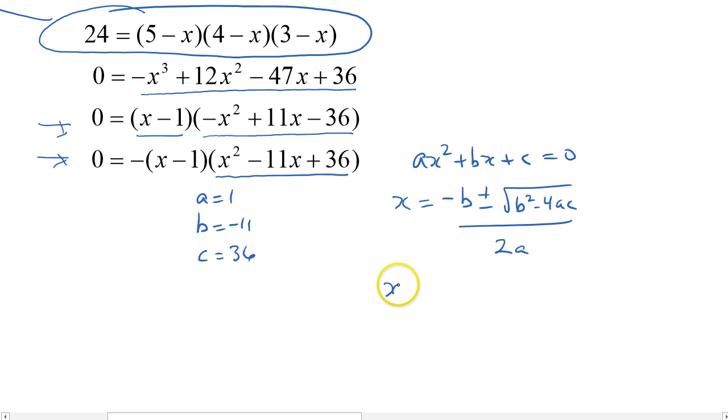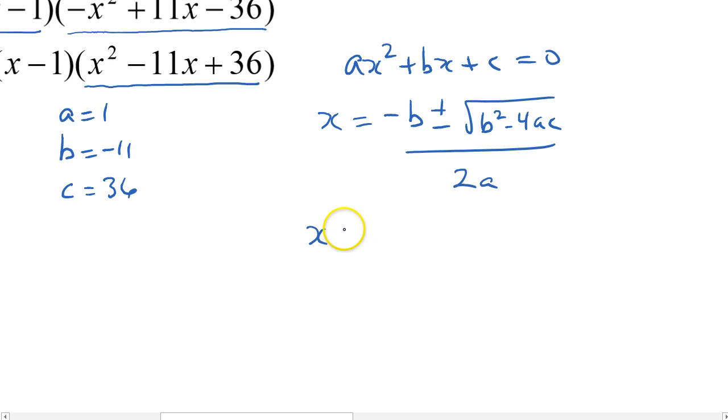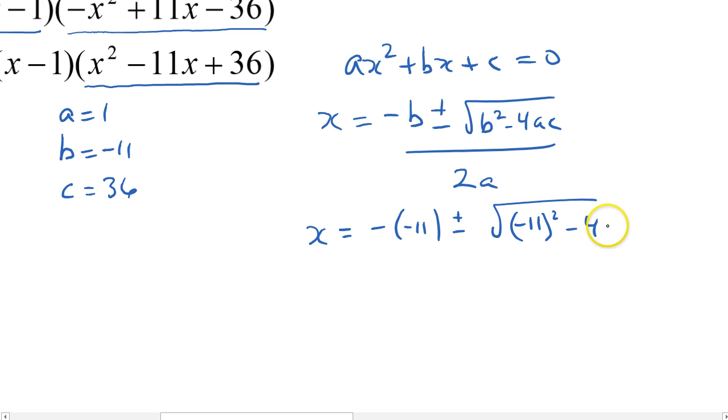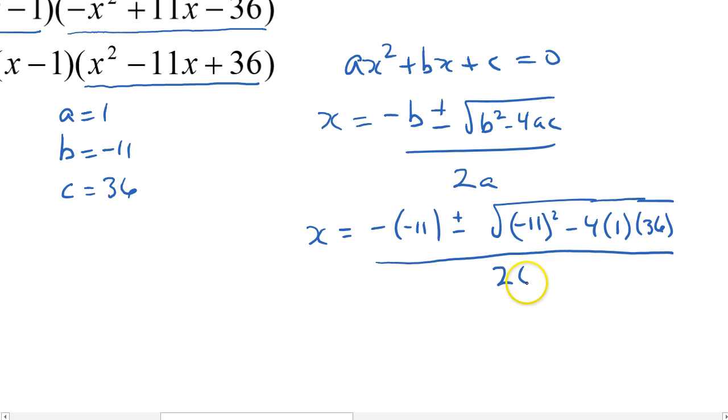So I'm going to say that x is equal to negative, now my b is -11, plus or minus the square root of -11 squared minus 4 times a times c, all over 2a. Now the most important part of this is this piece here, that b squared minus 4ac.